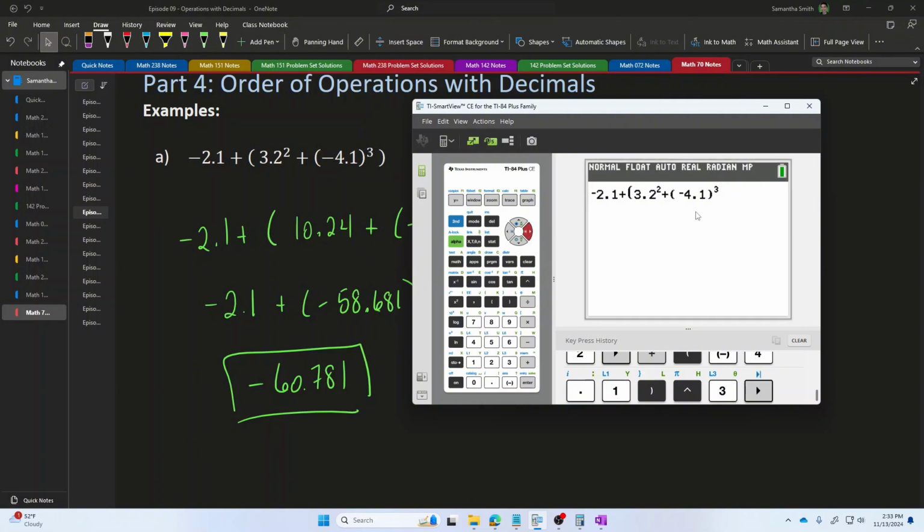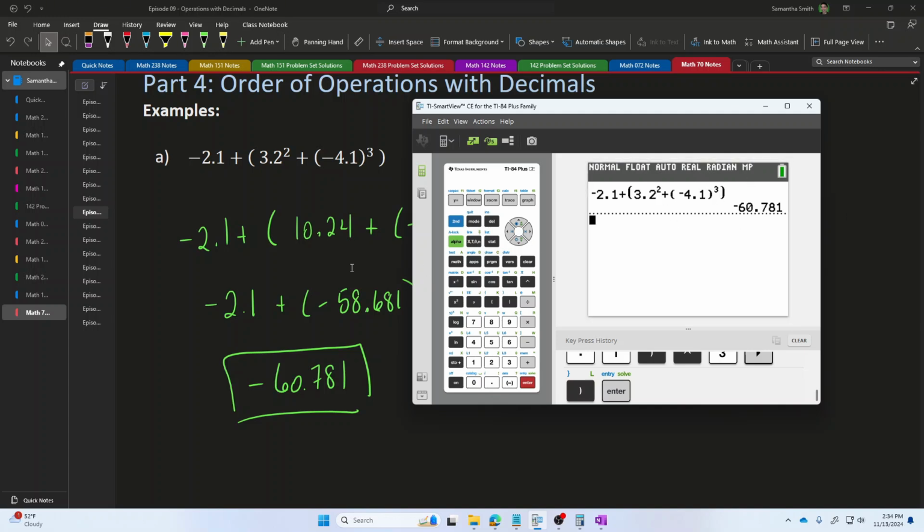So I'll move 1 unit to the right, and I'll close the parentheses, and I'll hit enter, and behold, I have gotten exactly the same quantity, negative 60.781, that I got before using PEMDAS and the Windows calculator. So it's nice to be able to do it all in one line, but just be careful about the make it negative symbol and about getting your cursor out of the exponent.